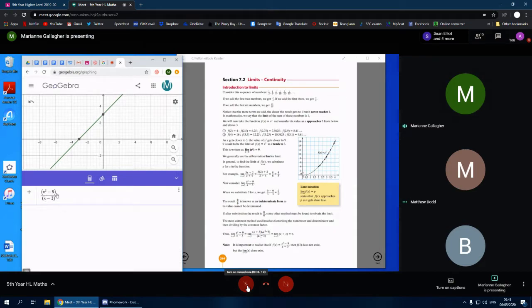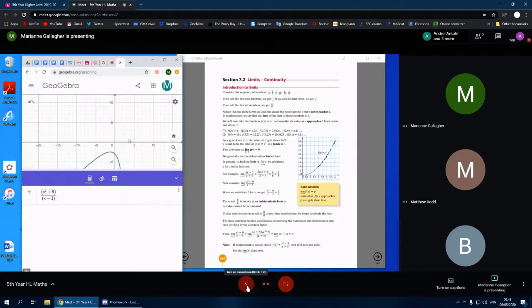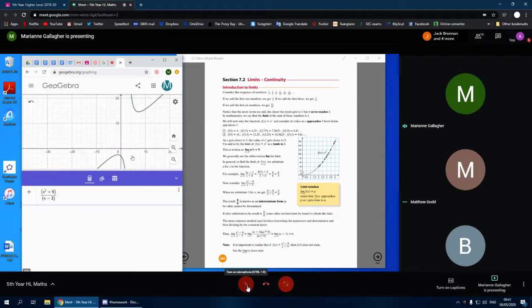The reason that's a straight line is because we can factorize the top and it ends up being x plus 3. But let's see if we do x squared. Now, see what's happening to that graph?